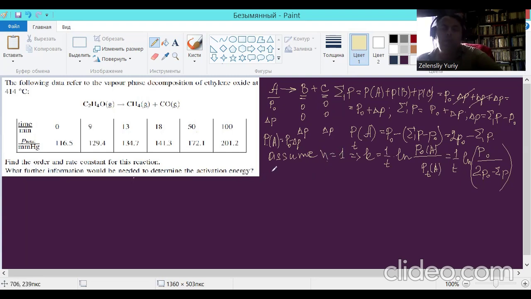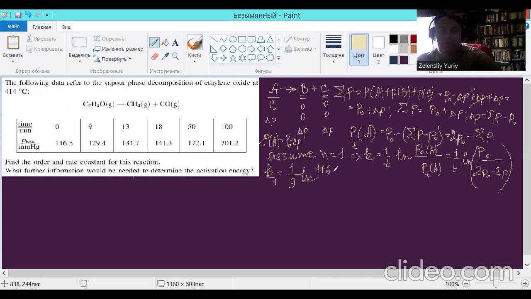Let's do that. So k1 is equal to 1 over t1, which is 9 minutes, natural logarithm. Now, the initial pressure of the system is 116.5. That corresponds to the initial pressure of the reagent.